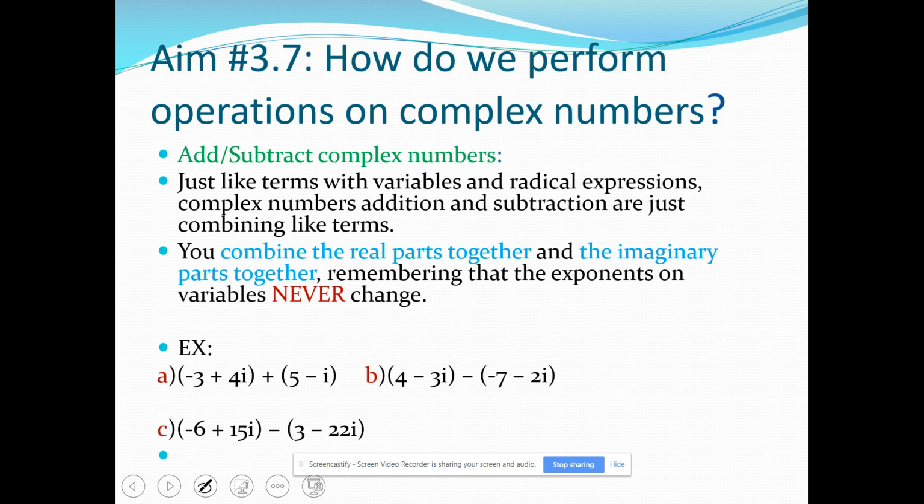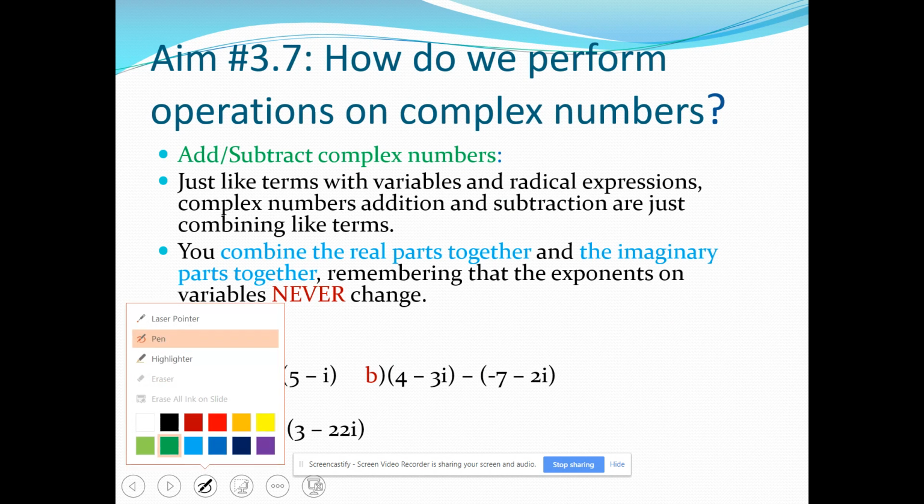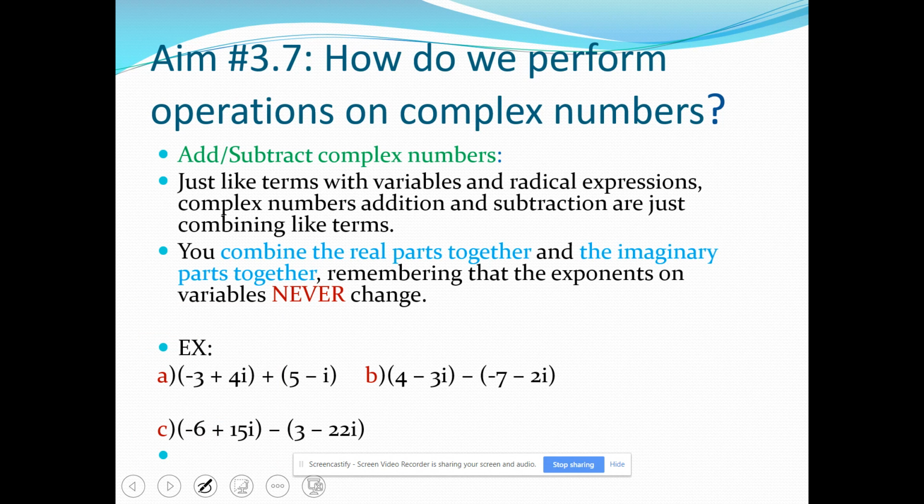Well, of course, as with any other things with variables and numbers, we can do operations. So we're going to start with adding and subtracting these complex numbers. Adding and subtracting complex numbers are just like adding and subtracting like terms, if I was x or a or b. The only difference is that i is a specific number, equal to the square root of -1.